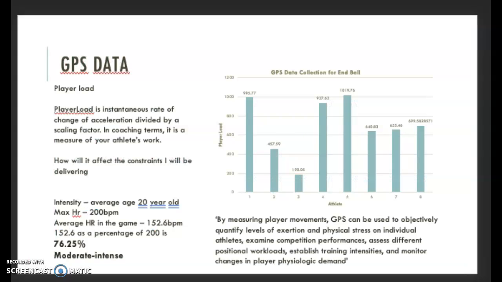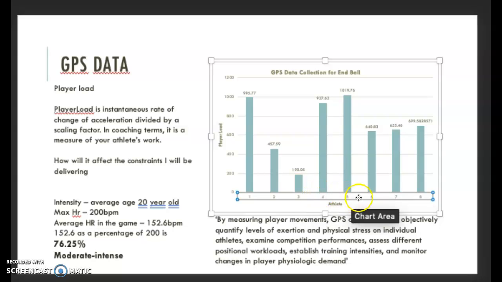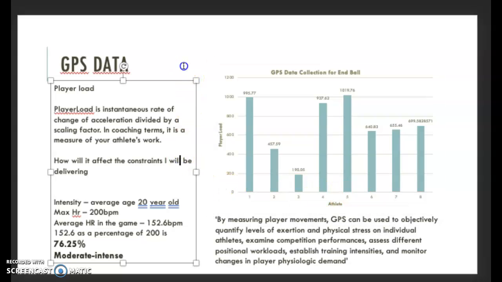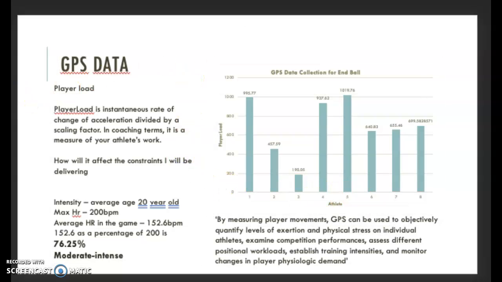I went on to GPS data and payload. As you can see here, this is all the GPS data collected from the game of m-ball, and it tells you the individual payload of everyone. So what is payload? Payload is an instantaneous rate of change of acceleration divided by a scaling factor.